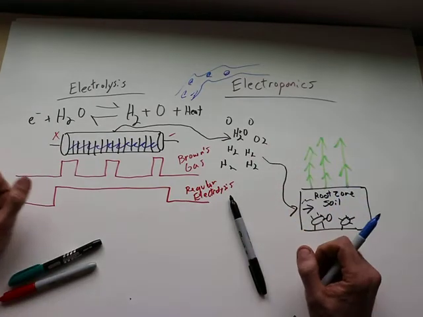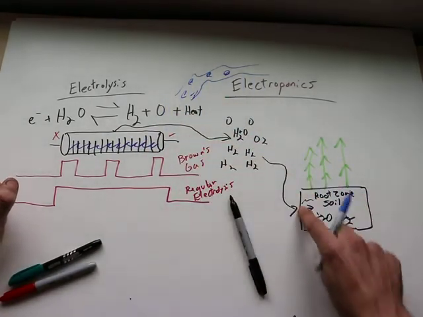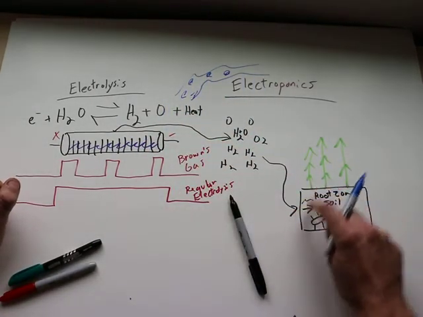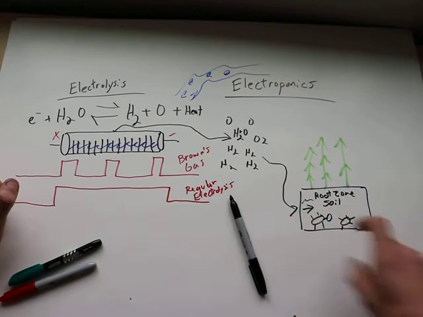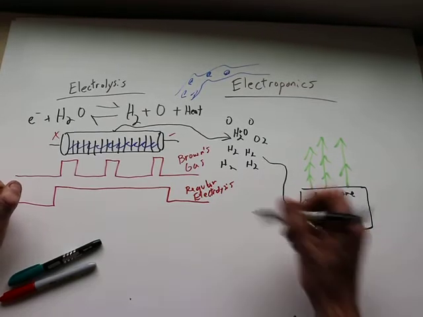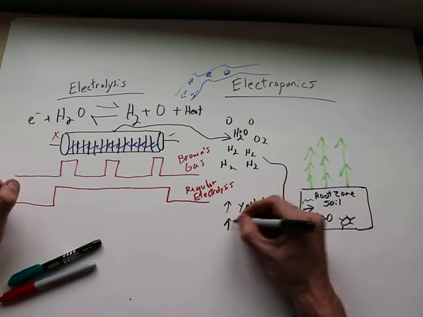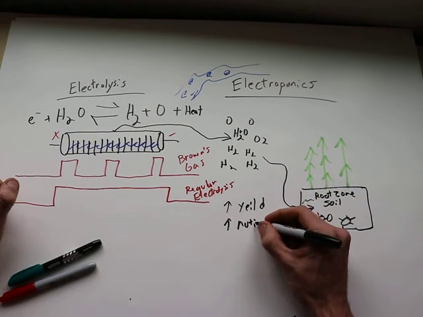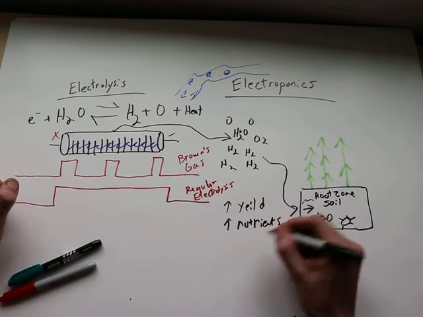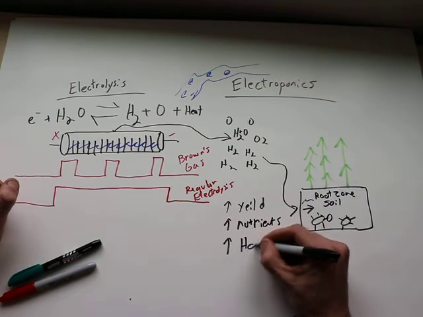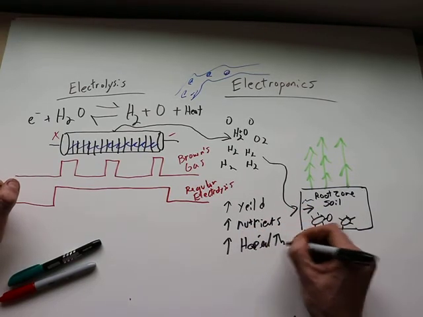Anyways, that being said, we know that this hydrogen and oxygen is going to decrease bad stuff and increase the good stuff, and that will result in increased yields and, more importantly, increased nutrients and increased health of the garden.